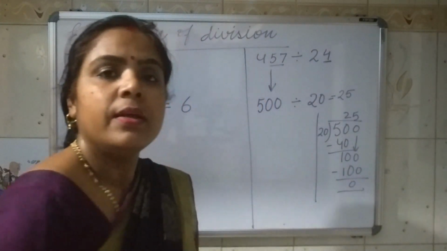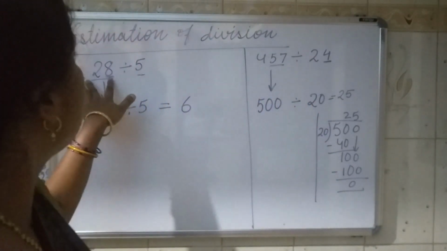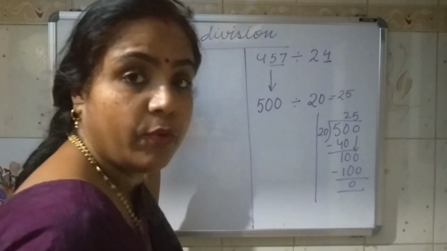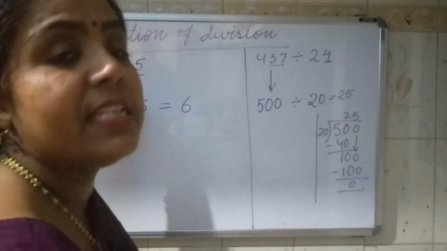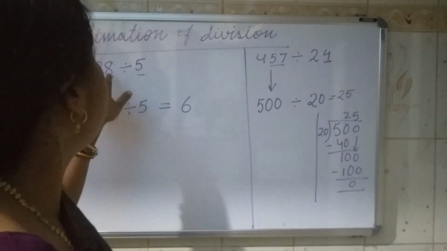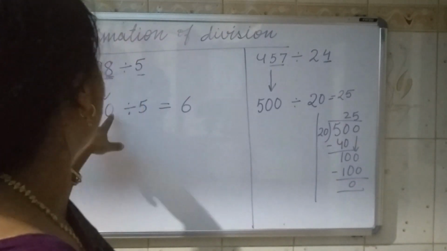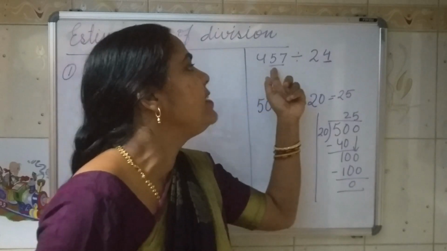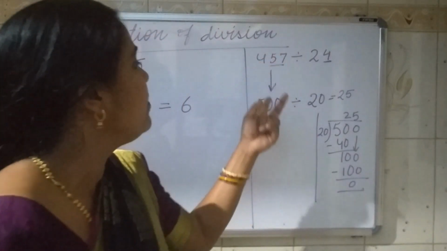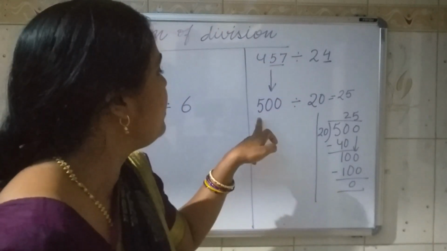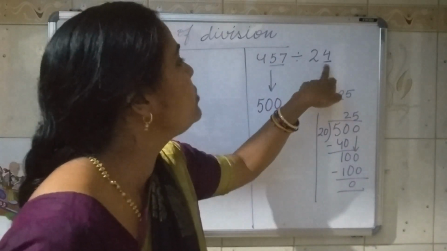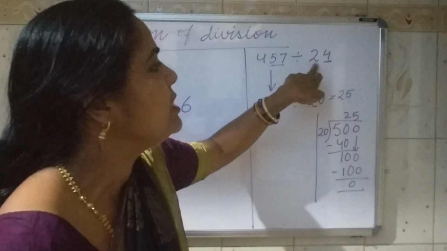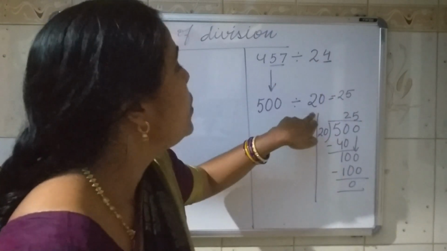Clear? So first one, it is given a 2-digit number divided by a 1-digit number. So the divisor is not going to be rounded off. Only the dividend is going to be rounded off. Then 28, 8 is more than 5. It will go to 30 divided by 5. In this one, 457, 57 is more than 50, so it will go to the nearest 100, it will move to 500, and this 24, 4 is less than 5, so it will come exactly the same, the tens place will not change, it will be 20.